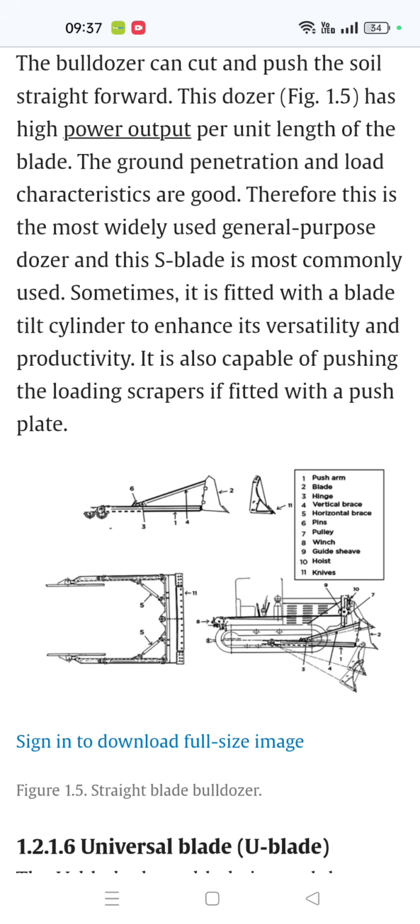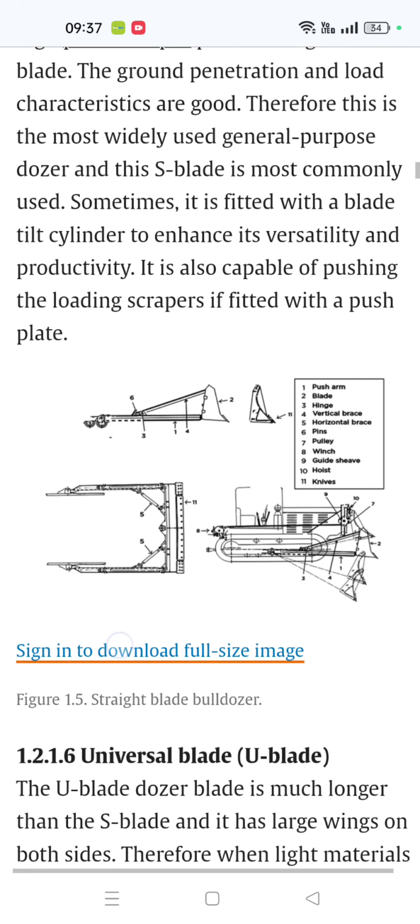Sometimes it is fitted with a blade tilt cylinder to enhance its versatility and productivity. It is also capable of pushing the loading scraper, if fitted with a push plate.